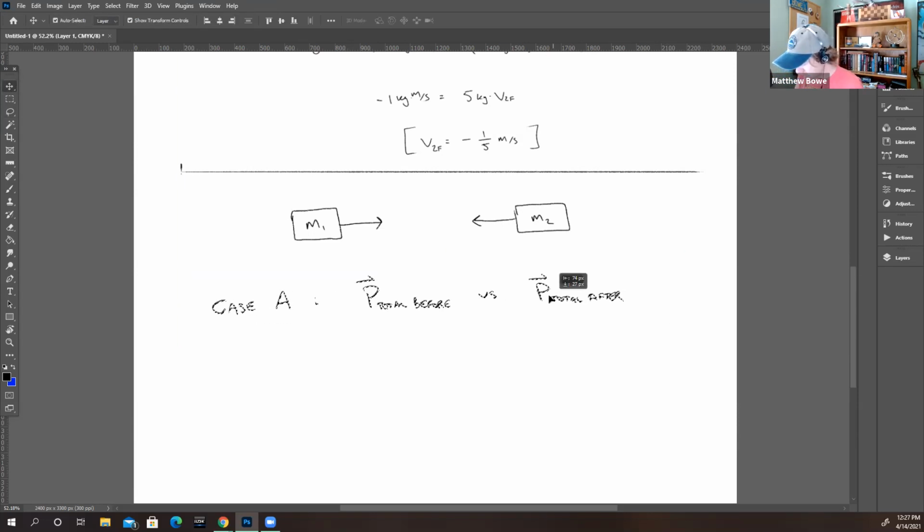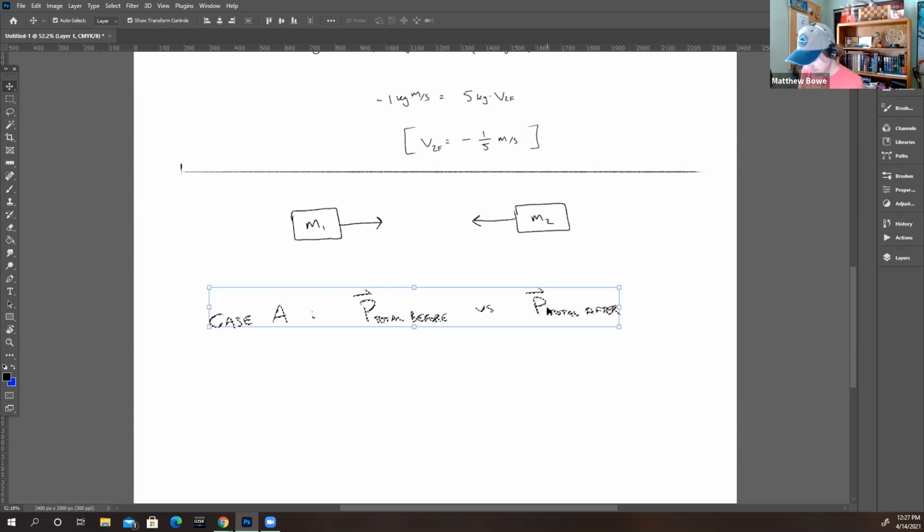We will see that something sort of fishy happens when we do this, when there are two things that are moving in this specific way.